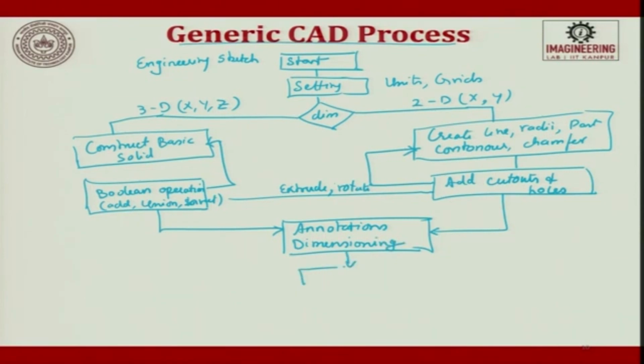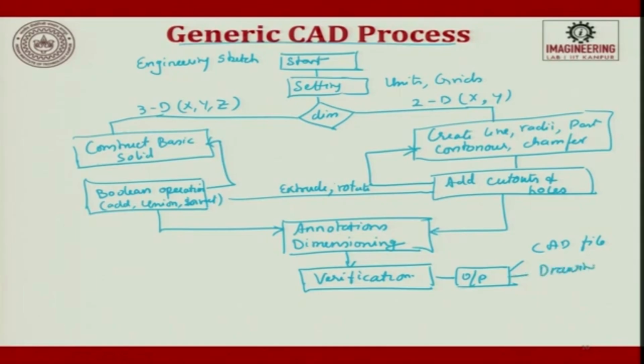Finally, we verify, verification, and then we get the output. The output will be a CAD file, you will get a drawing, you will get an IGES file. These files are called neutral files for communicating between two different systems.